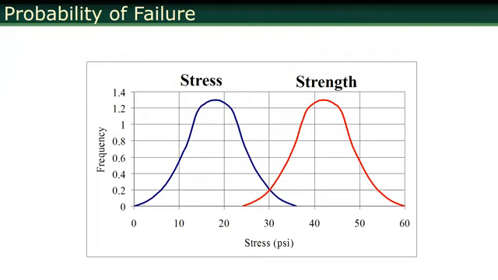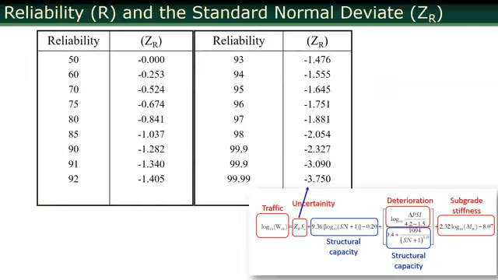If the strength distribution is this, the probability of failure is essentially in this area. So 100 minus the probability of failure is the reliability level. For example, 98% reliability means a probability of failure of 2%. That's the ZR used in here.